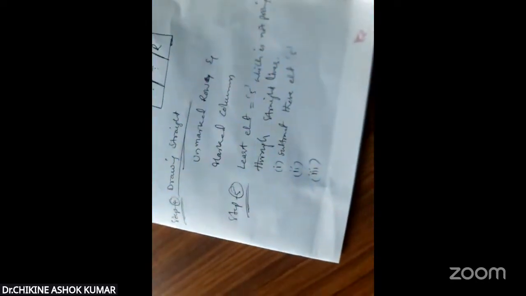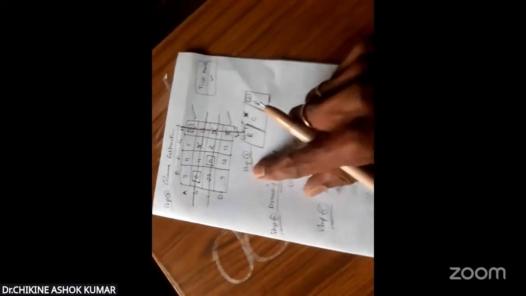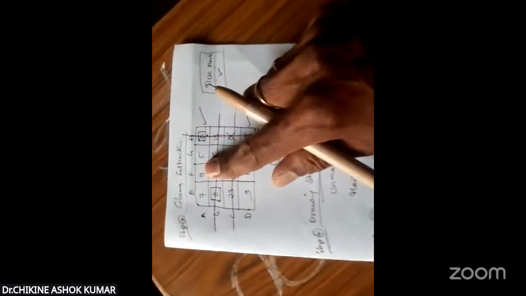What about the next step? Select the least element that is not passing through the straight lines, and first, subtract that least element from the remaining elements. This is step number 6.